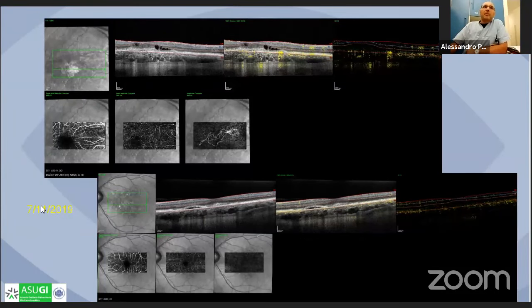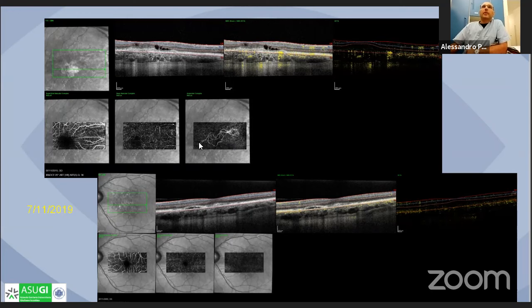So this is the same patient in November 2019 with the commercially available OCT angiography of Heidelberg, and we can see now clearly this neovascular membrane that we could see previously.